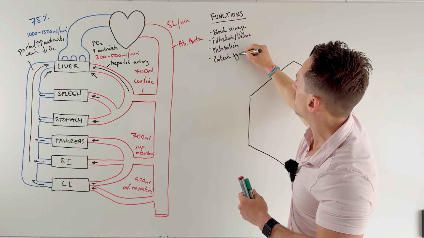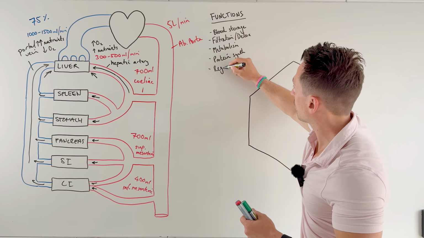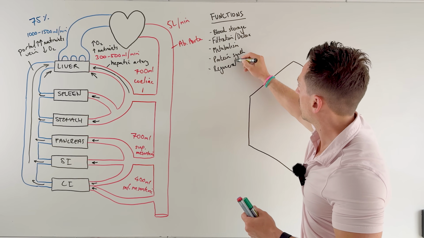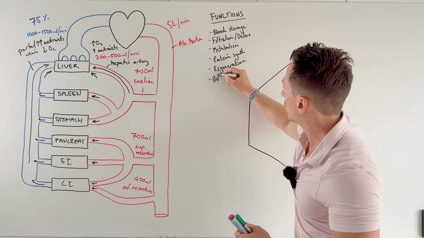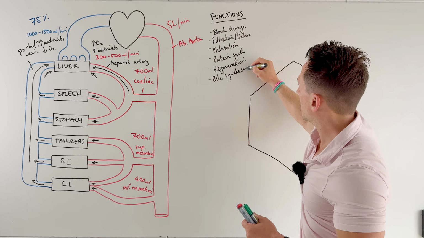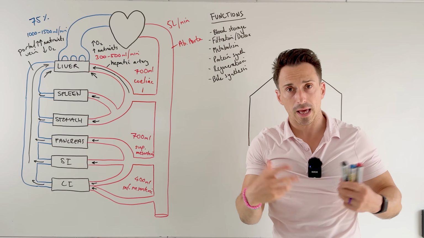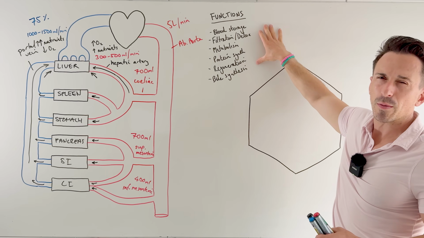So protein synthesis, right? Regeneration. And very importantly, can't forget bile synthesis. It creates bile. Bile is like the detergent that our body produces to help break down fats through digestion. This is a list of some of the most important functions.